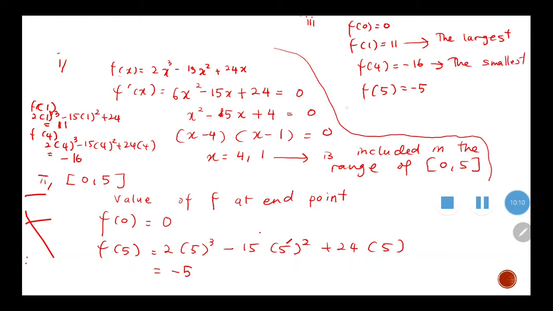So you should write your answer like this. Okay. So absolute maximum is at x equal to 1, where f1 is 11, and absolute minimum is at x equal to 4, where f4 is minus 16.